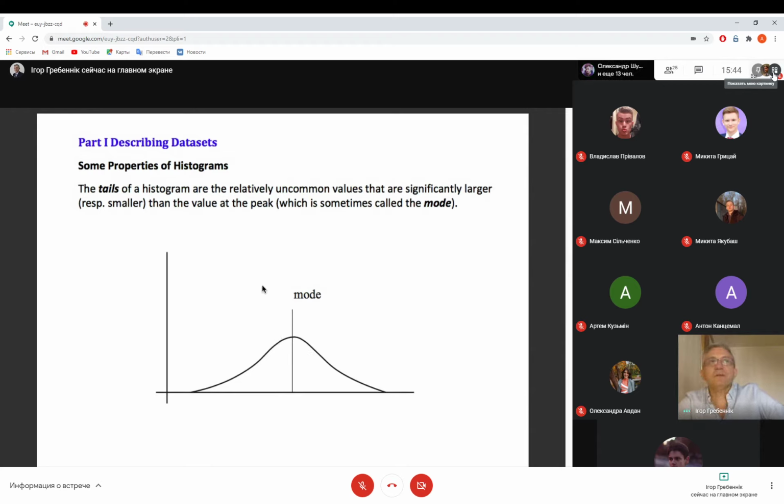Sometimes a histogram has only one peak, when all the elements have similar properties, similar nature, and most of them are distributed around the maximum, and the number of elements far from this mode decreases towards the negative and positive directions. And these parts are called tails.